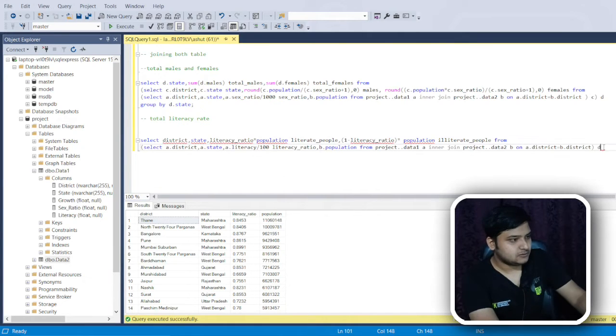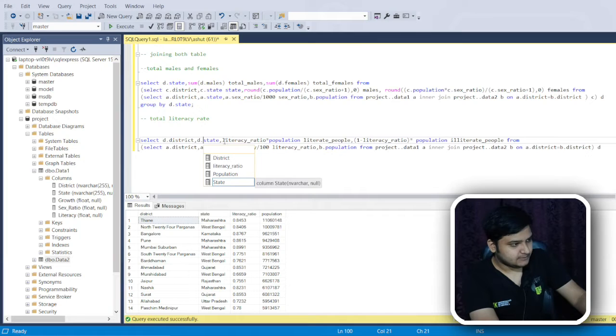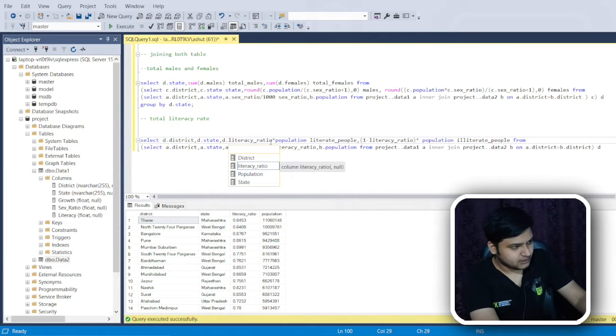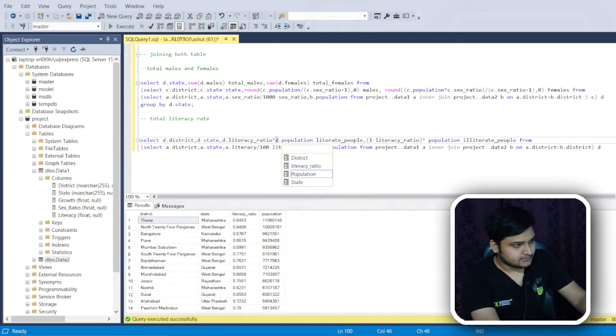I would just give an alias here and do the similar thing. I would provide the alias name ahead of all the column names, and we'll run this code after making all these changes.